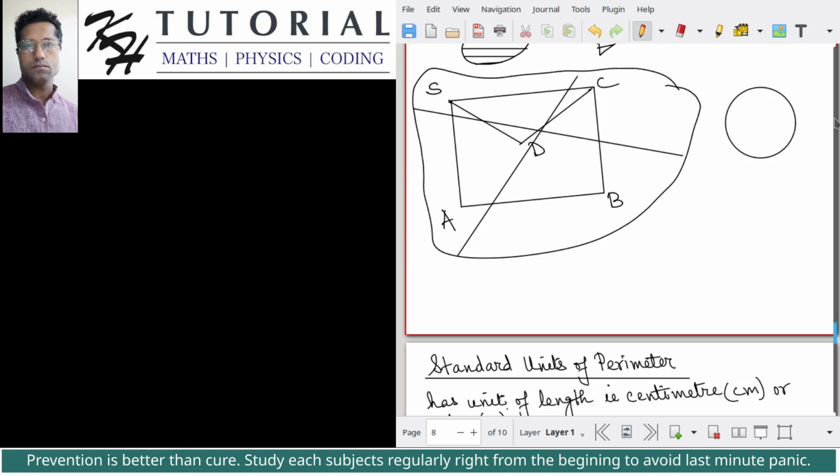I have drawn a circle, and let's say the figure I'm trying to draw is like this. So this is the complete figure.